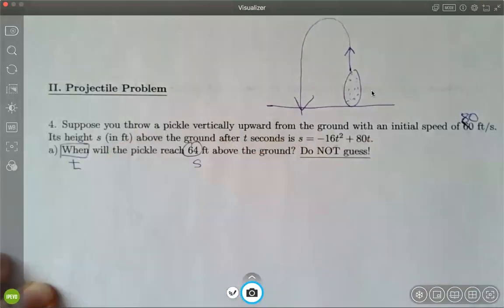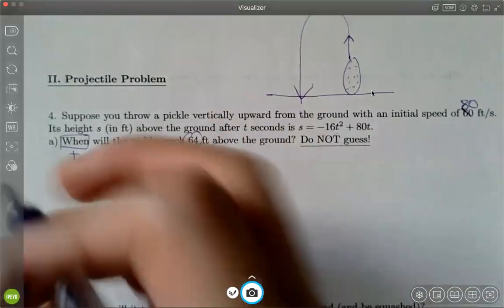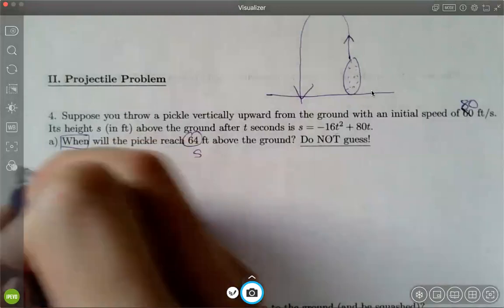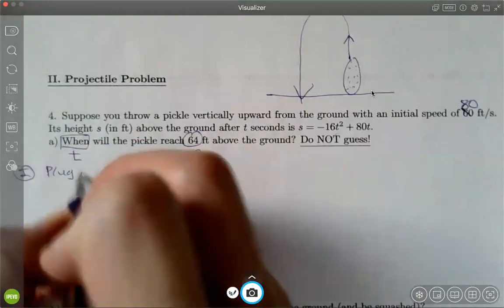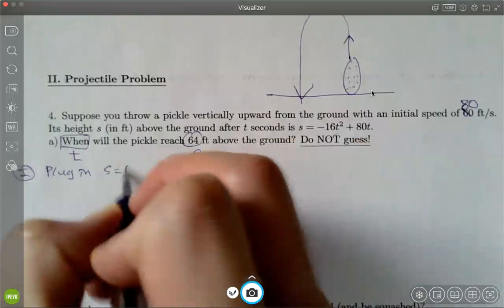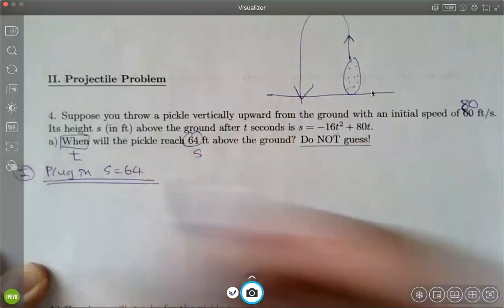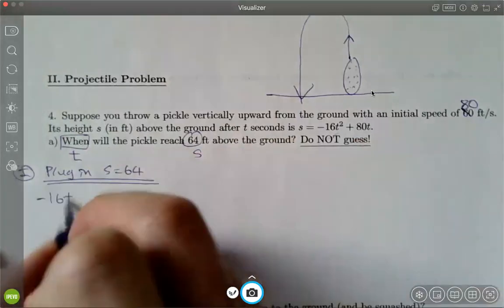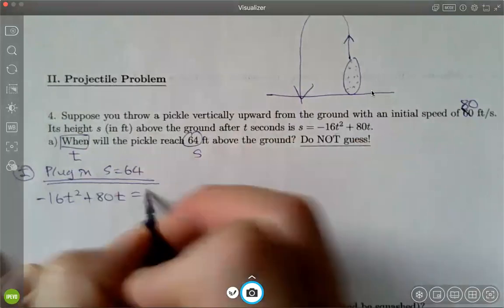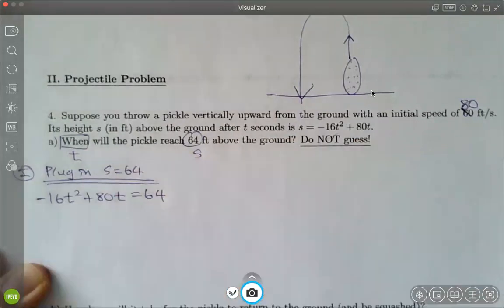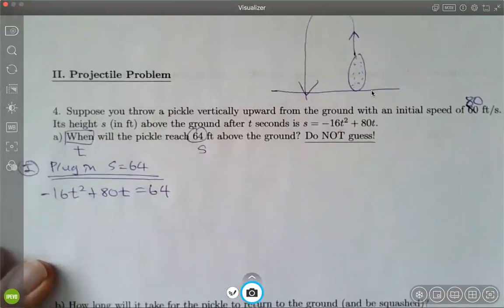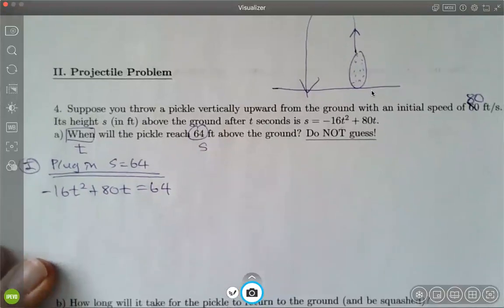Okay, so here, what's the situation? We plug in S equals 64. So we have negative 16t squared plus 80t is equal to 64, right? And I guess the goal is obvious. Solve for t, right?